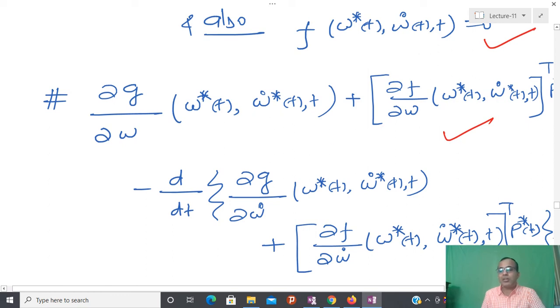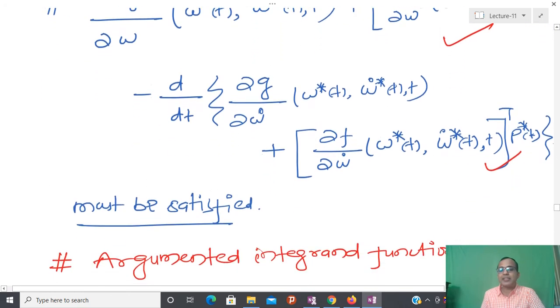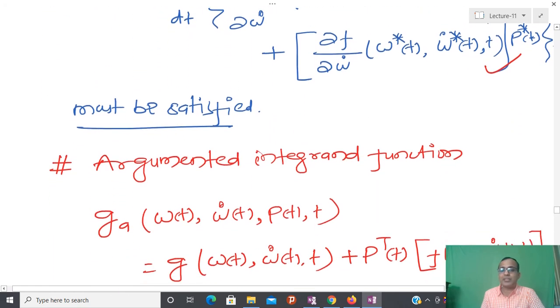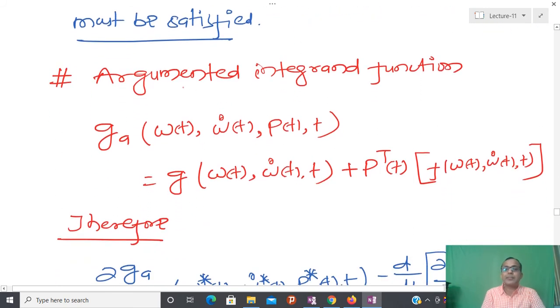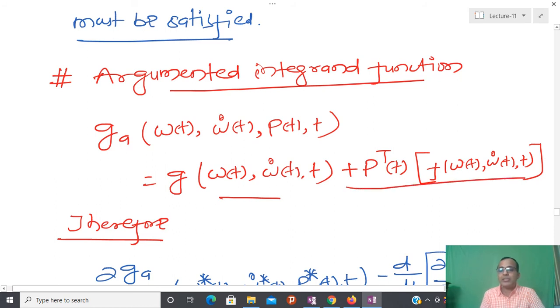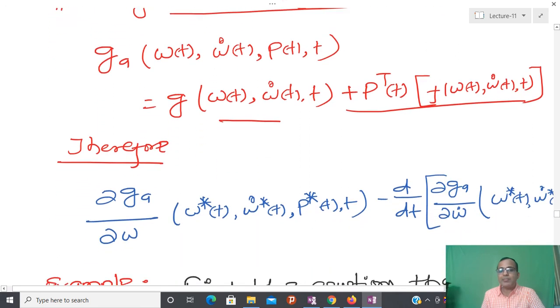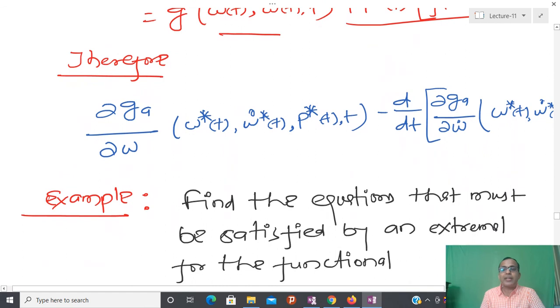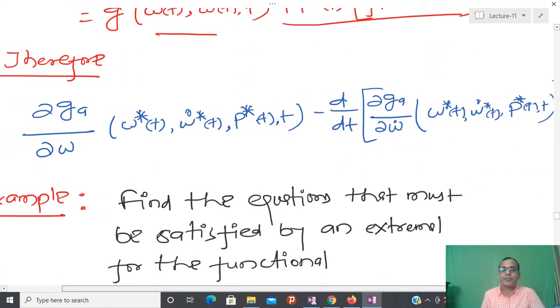And now if you again see the concentrated form of this equation, then you can define the augmented function like this, with the constraint multiplied by some kind of Lagrangian multiplier term.